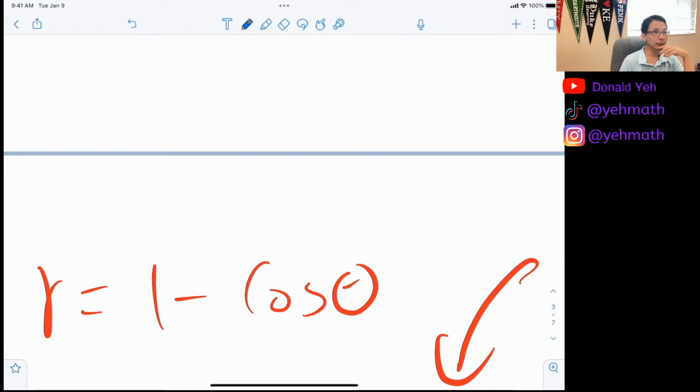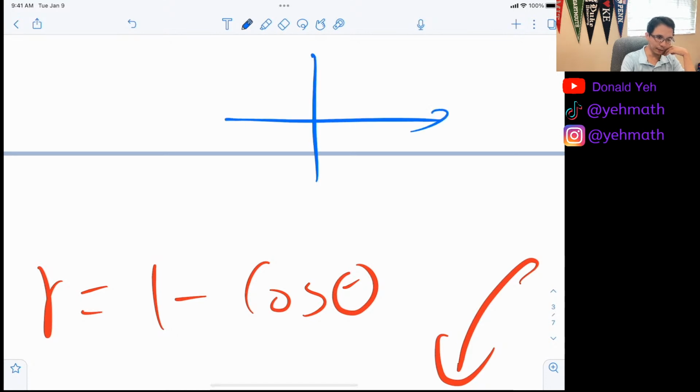Clover. Now, do you guys know if cosine is an even or odd function in general? Cosine is even. Thank you. Think about the cosine graph. It's symmetric about the y-axis, so it's even.